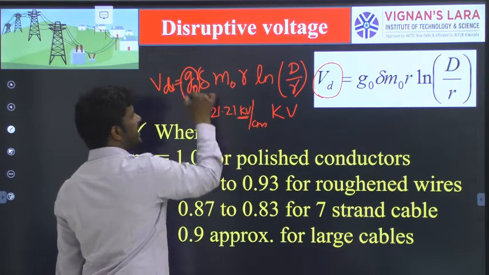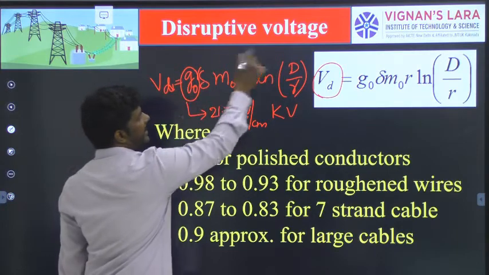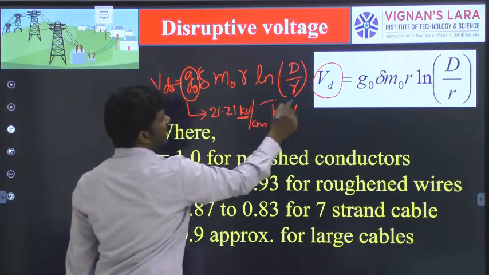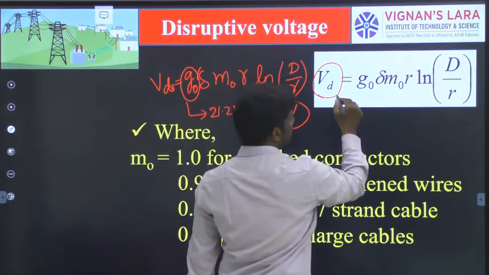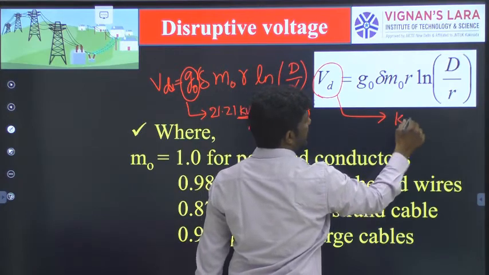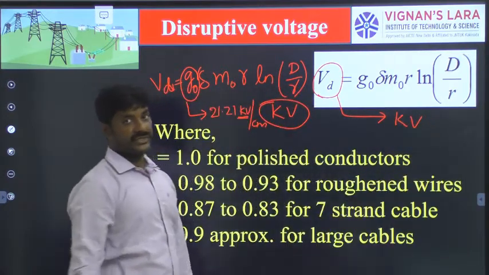Since G naught is defined in kVs, the entire magnitude of this Vd will be in kilovolts.